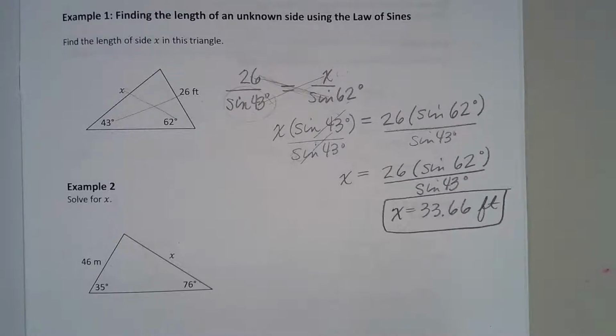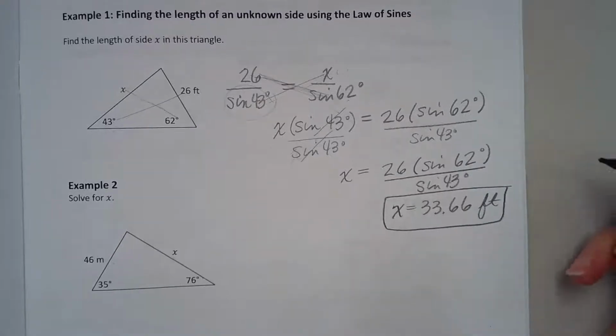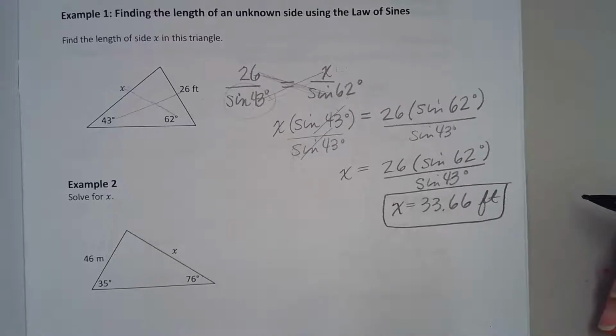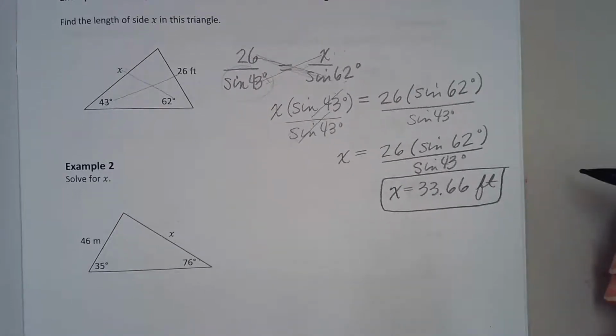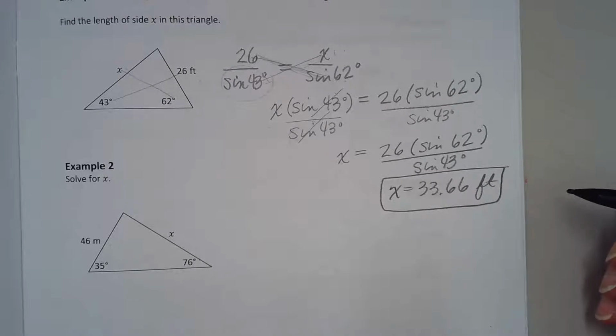Try it again. 26 times sine 62 divided by sine 43. Enter.